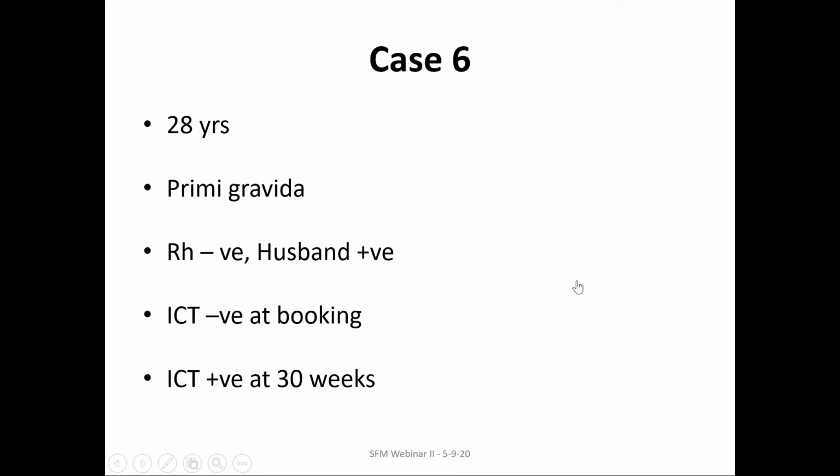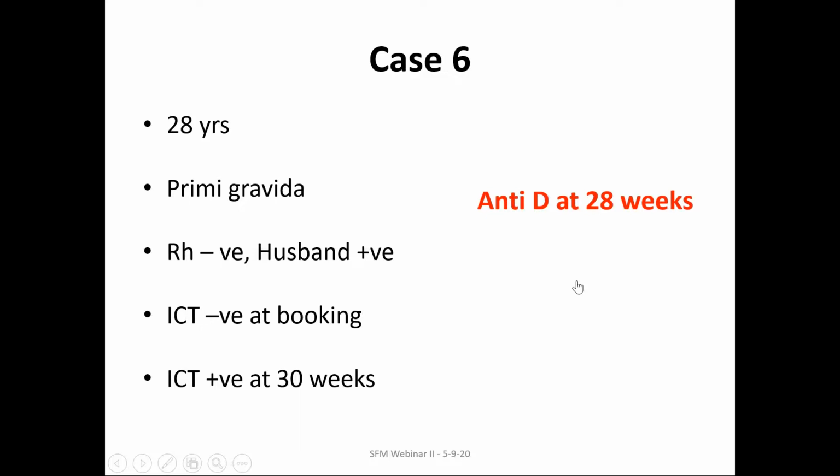And the last case that we discussed was the primigravida, where the ICT was negative at booking, but positive at 30 weeks. Now, this was a case where routine antenatal anti-D prophylaxis was practiced, and therefore she was given anti-D at 28 weeks.